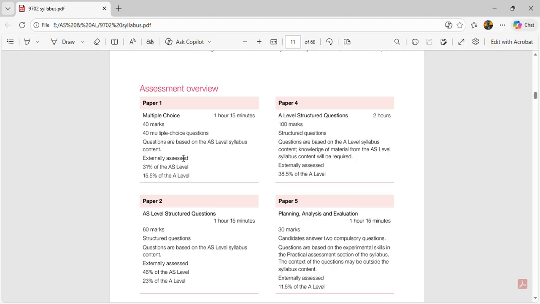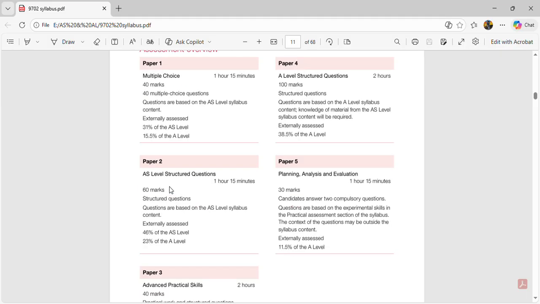Then we have paper 2, still in AS, called AS structured questions. They have the same duration of 1 hour and 15 minutes, but it is marked out of 60. Just structured questions with gaps left.